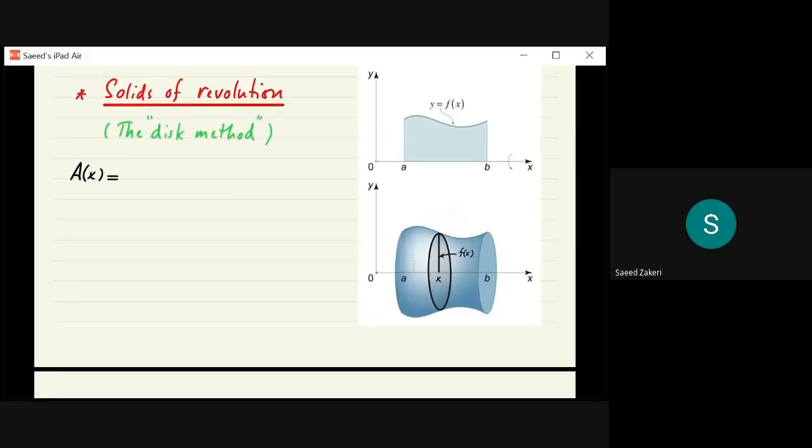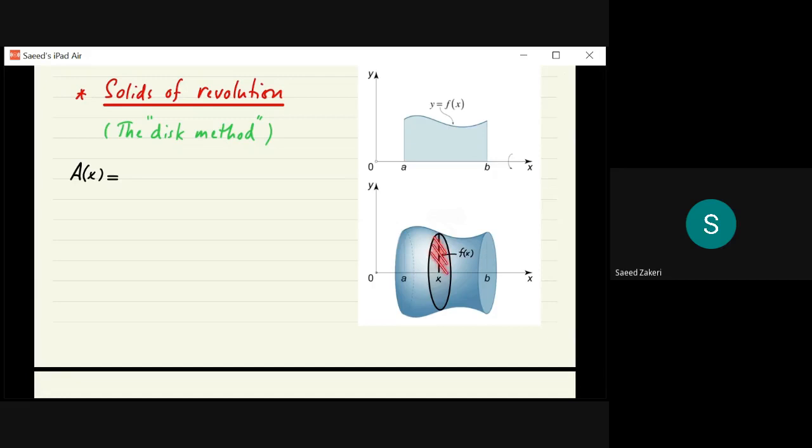Remember, we started with the graph of a function f. We took this region and we revolved it. We got this solid. In order to find its volume, I need to find its cross-sectional area function. So I pick some generic x between a and b. I cut the solid.